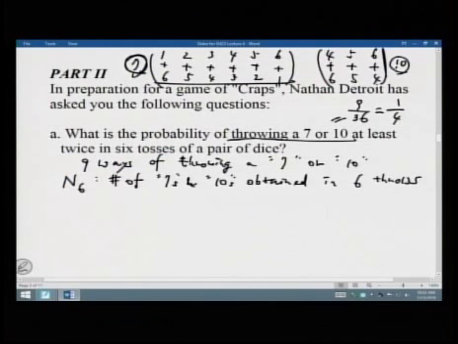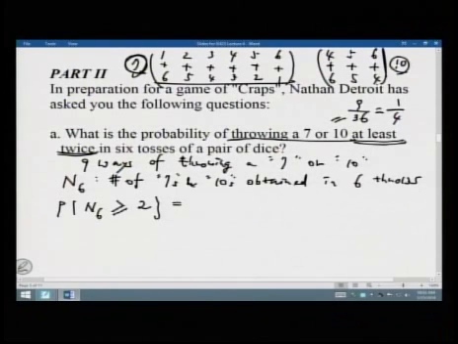Okay? So we are going to use this random variable to get the desired probability. So what is the desired probability then? We want to know the probability of N sub 6 at least twice. So it should be greater than or equal to 2. Does that make sense?